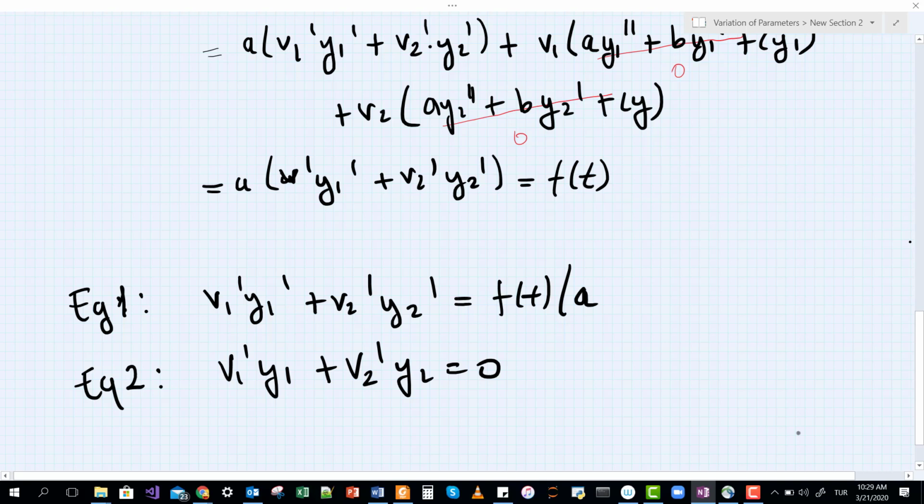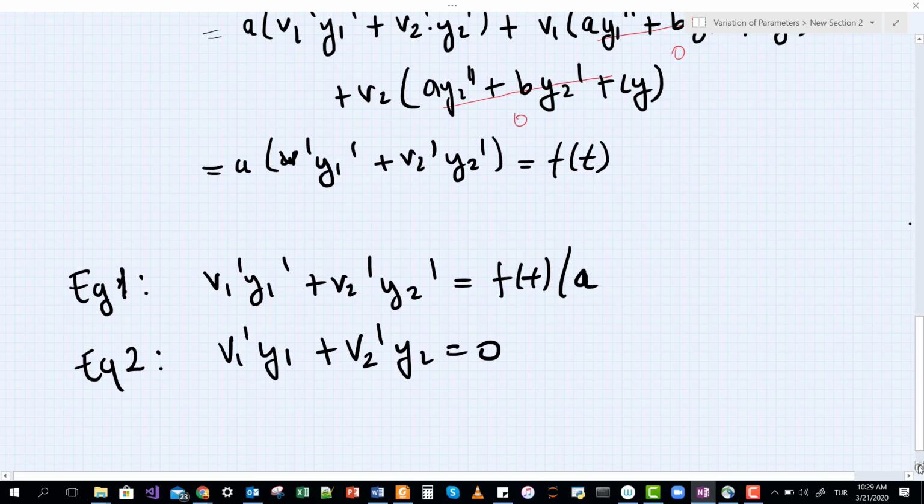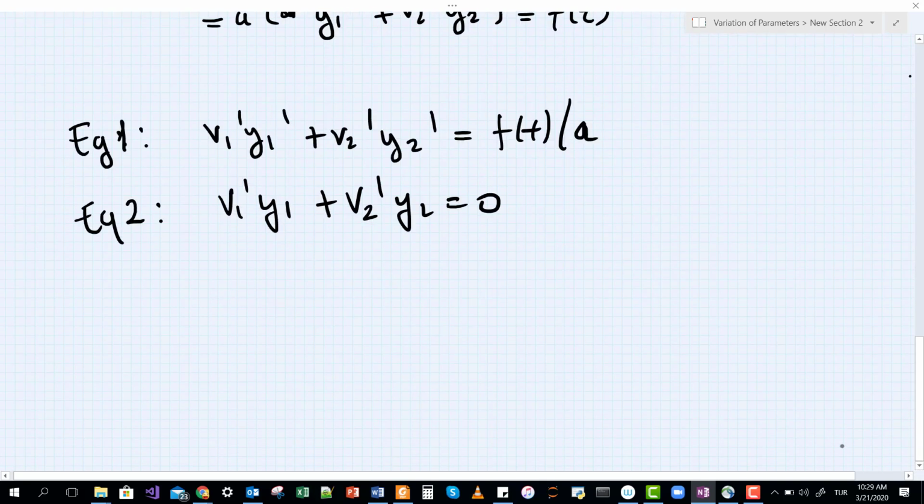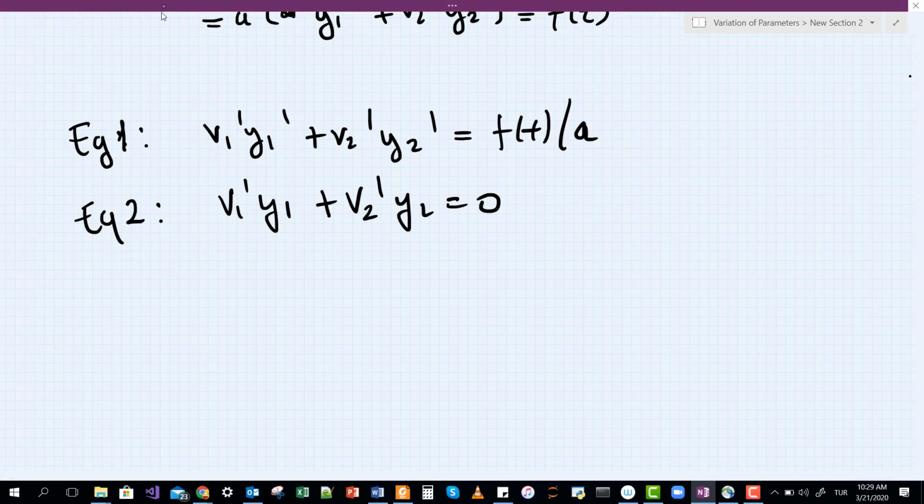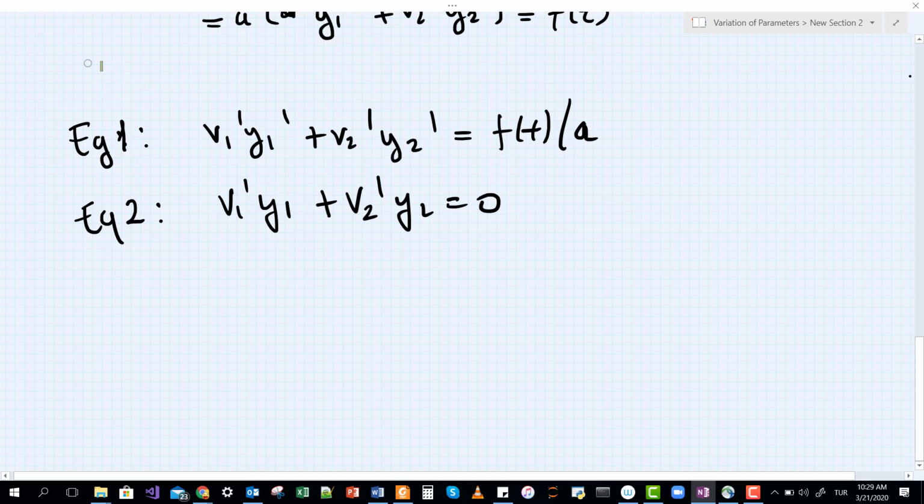You see now, I got two equations which include v1 prime and v2 prime, correct? So there is a chance here. I can solve for v1 prime and v2 prime, then maybe I can integrate them to find v1 and v2.